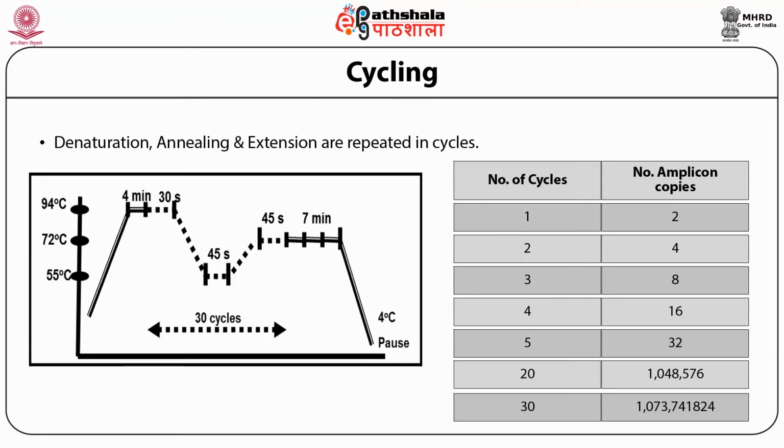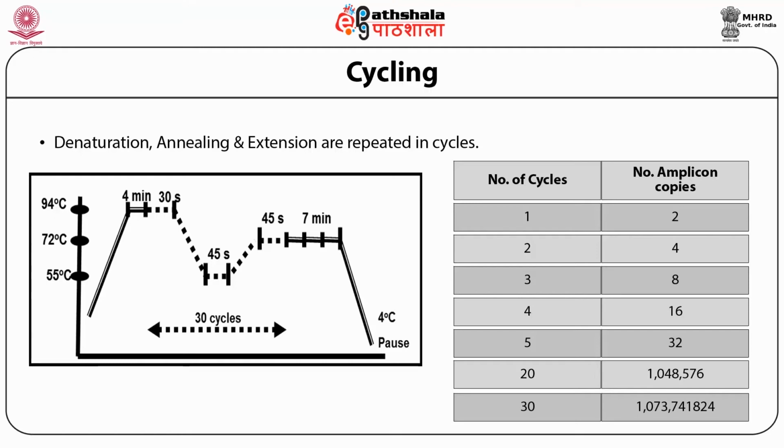PCR is carried out for 25 to 30 cycles in an automatic thermal cycler, which can heat and cool the reaction mixture speedily. At the end, the PCR reaction is given a hold at 4 degrees centigrade to stop the reaction and save the PCR product from degradation.